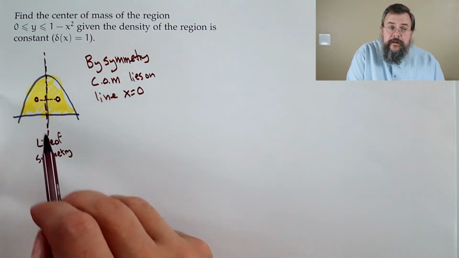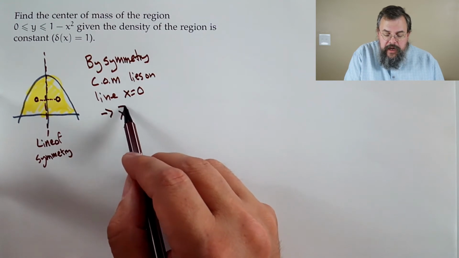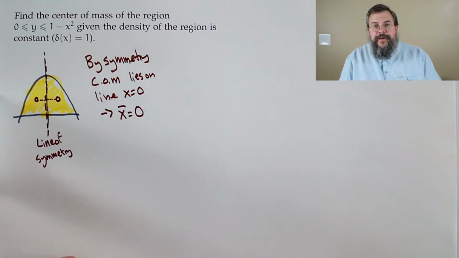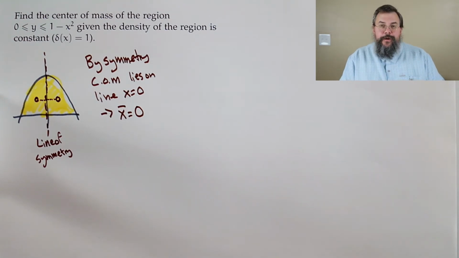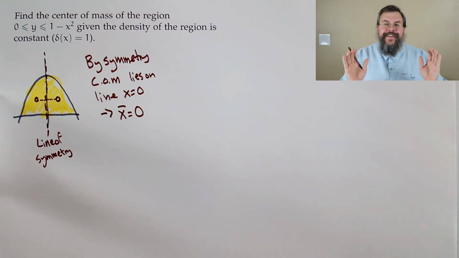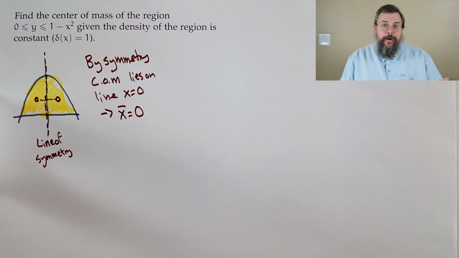So we lie on that line. Therefore, that tells us automatically that our x-coordinate is 0. So we're halfway done. We've already found one coordinate for our center of mass. Woohoo! Nice! Well, now we have to find our second coordinate for our center of mass, which is our y-bar.